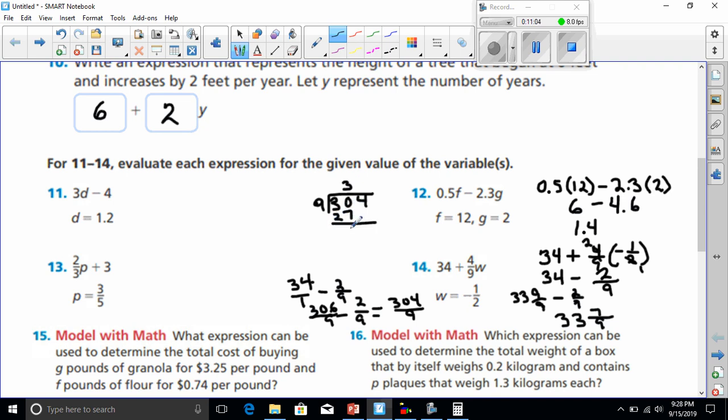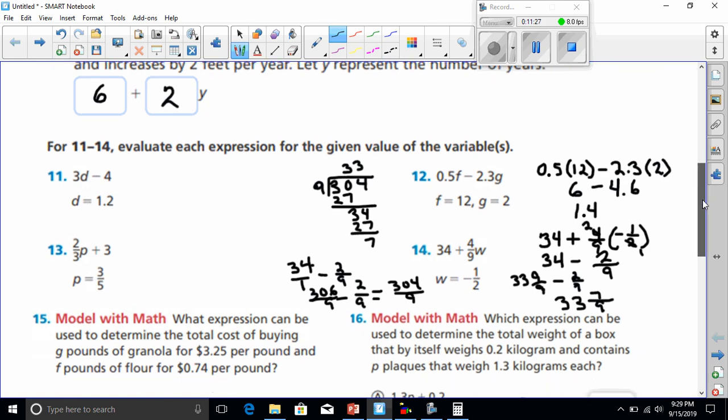And that would give me 3 left over. And once again, we go into it 3 times. Give me 27 again. And this time it would give me 7 left over. And that's how we get our 33, right? And 7 over 9. Okay, same answer.